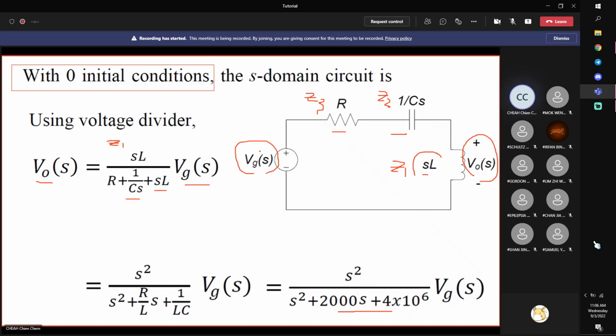Or you use Ohm's law: the current flowing through here is VG divided by the total impedance, multiplied by SL, Ohm's law, gives you V0.